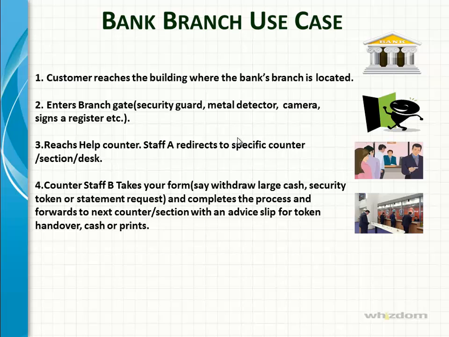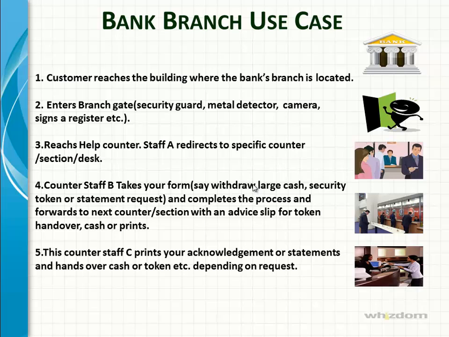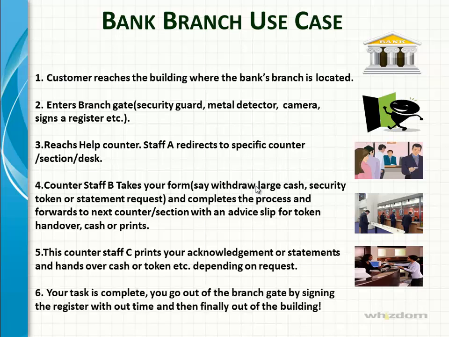Then the staff takes that form and processes it and finally forwards you to the next section or counter with an advice slip for token handover or cash. This counter staff C prints your acknowledgement or your statements, or hands over the cash or the security device depending on the request that you made. Right, and your task is complete. You go out the branch gate by signing the register with the time, and then finally out of the building. So that's the basic branch use case.